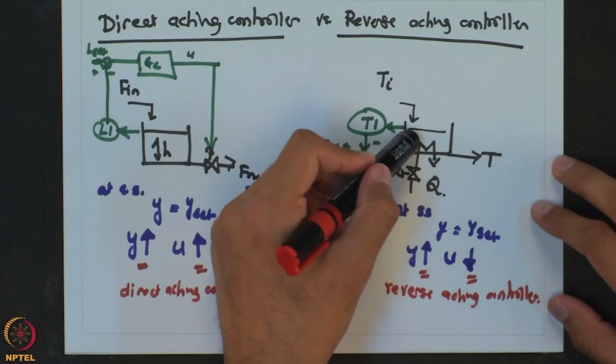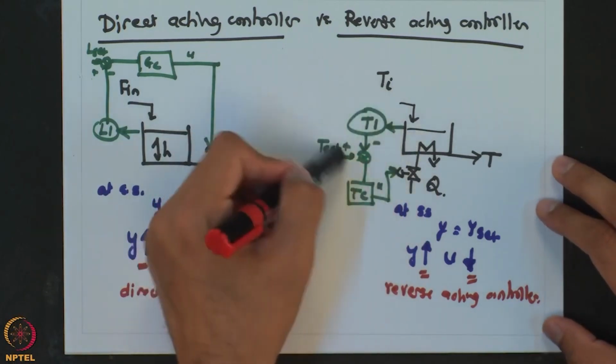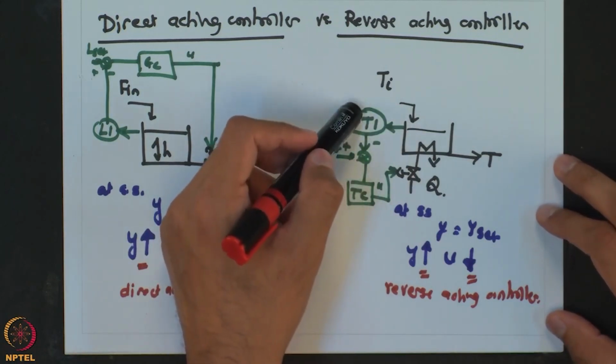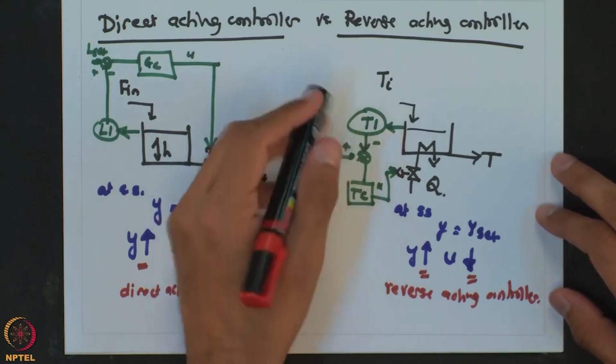Similarly, if for this particular system I use a direct acting controller, again this feedback system will never be able to maintain the temperature at its desired value. So, the first and foremost thing, before even deciding what type of feedback control action we need in terms of the proportional, integral or derivative action, is to find out whether your system is going to be direct acting or reverse acting.